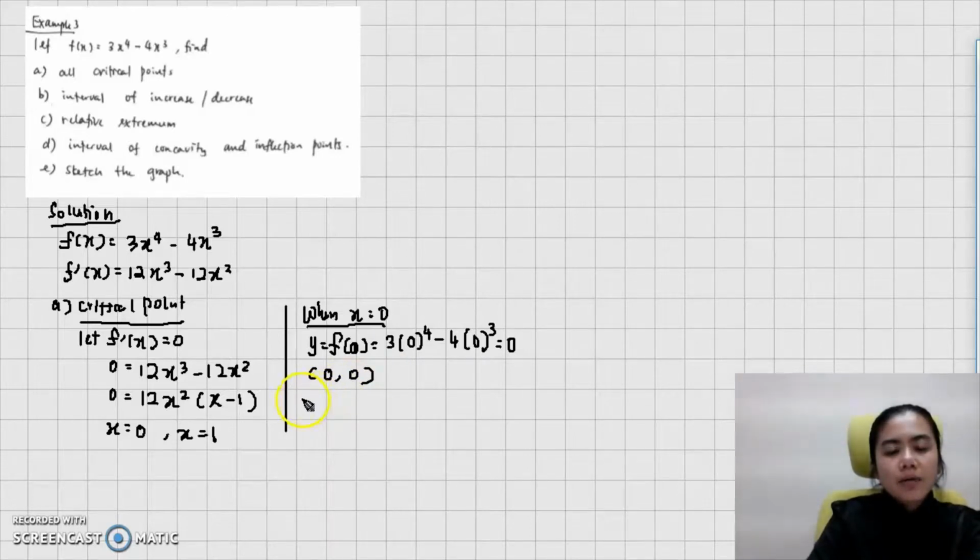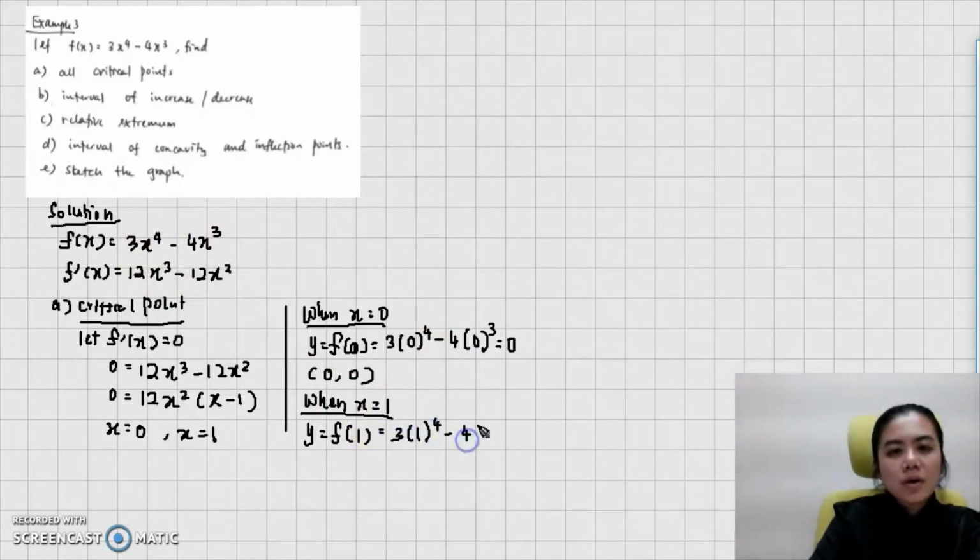Then we have another one when x is equal to 1. Same thing, we're going to repeat the same process. We substitute x equal to 1 into this function. So we will have 3 times 1 to the power of 4 minus 4 times 1 to the power of 3, and this basically gives you minus 1.